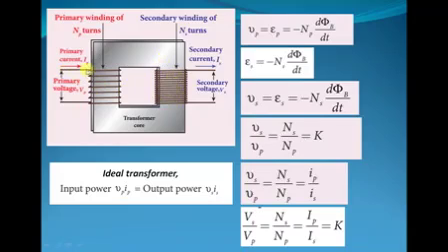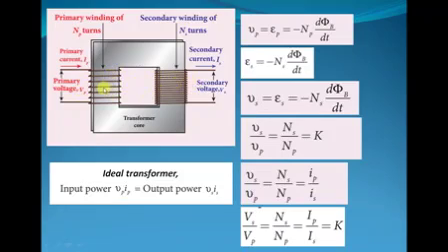If there is no magnetic flux leakage, it means the whole magnetic flux linked with the primary coil is wholly linked with the secondary coil. This means that the rate at which the magnetic flux changes with each turn is the same for both primary and secondary coils.